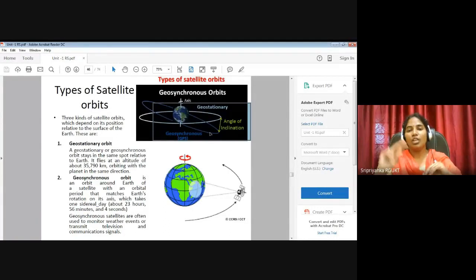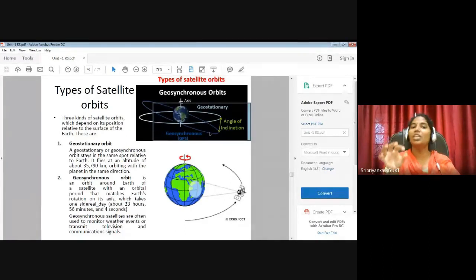So what are these two? One is Earth synchronous, the other one is sun synchronous. Earth synchronous is nothing but, we know that the orbital period of our Earth is approximately 24 hours, we say, right? It's actually 23 hours, 56 minutes and 4 seconds. So within that orbital period, if your satellite is synchronized, it is called geosynchronous.